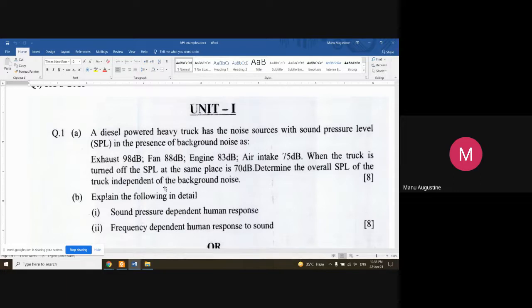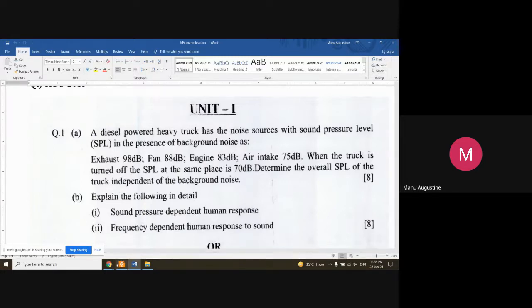LP3 plus ambient is 83 decibel. LP4 and ambient is 75 decibels. And LP of ambience alone is 70 decibels.